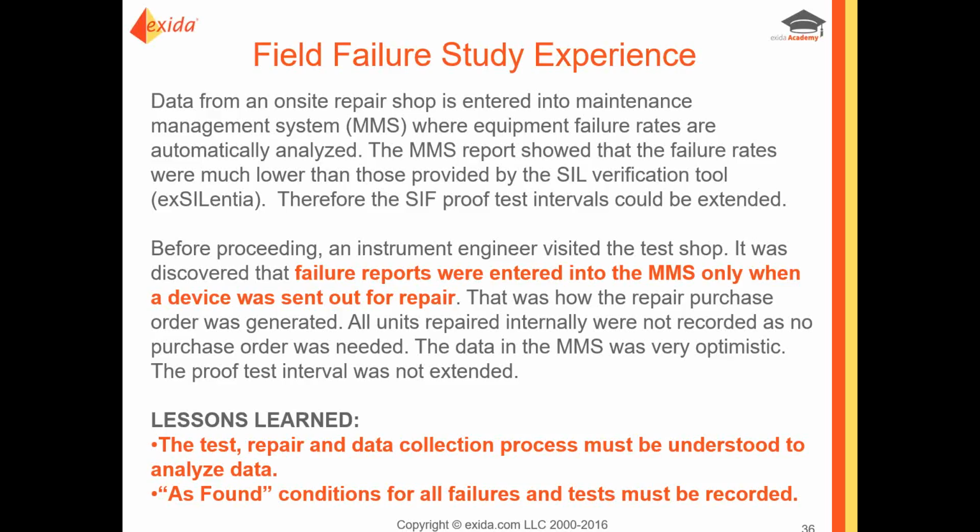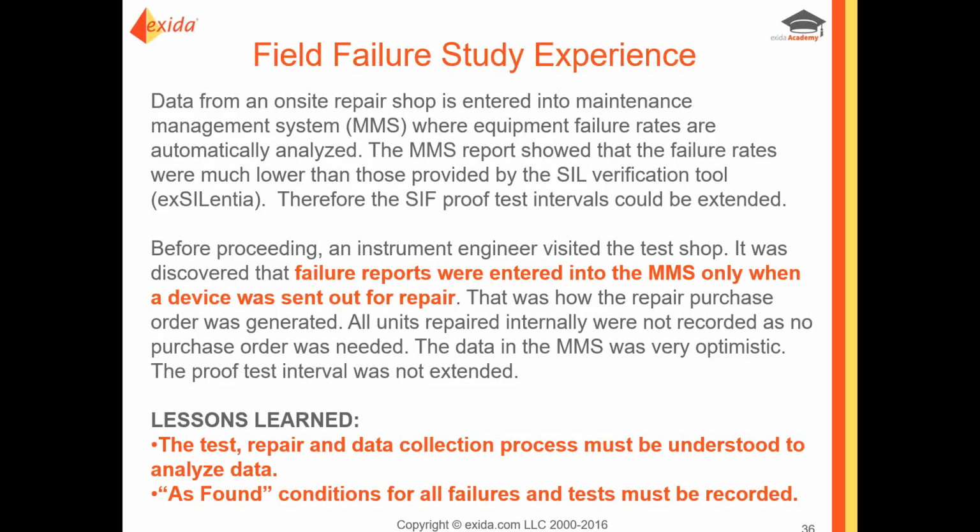I think a good quality field failure data collection system would separate the impulse line failures from the transmitter failures, but there's still great value if they are not separated. The key is you must know whether the failure rates include impulse lines or not, because obviously in some processes, impulse line failures can be much higher than transmitter failures.